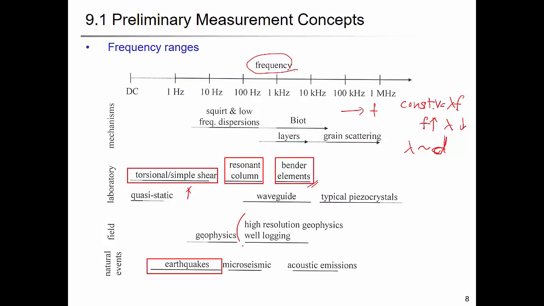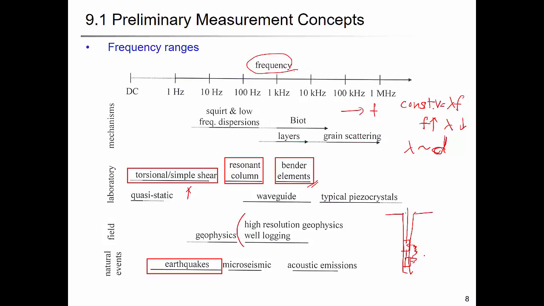And the logging is, you have a borehole and here in a string you have two sensors. One is the source and the other is the receiver. So you hit the ground here and the wave propagates and goes to the receiver. And this is the logging tool.